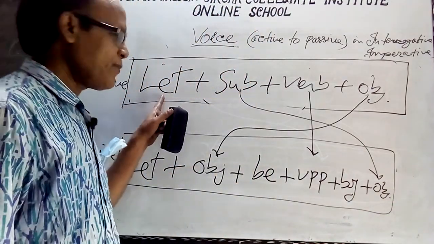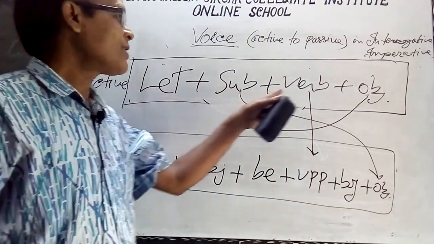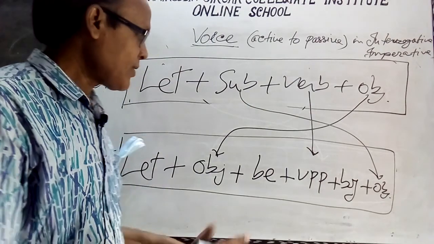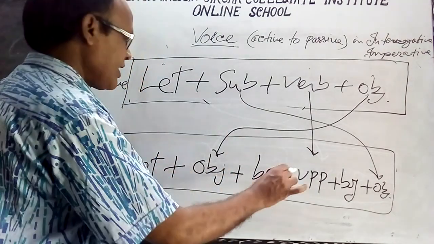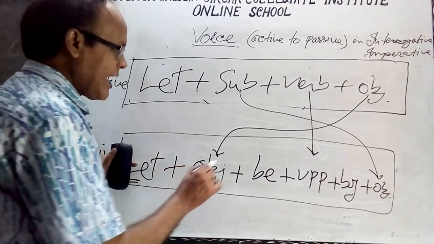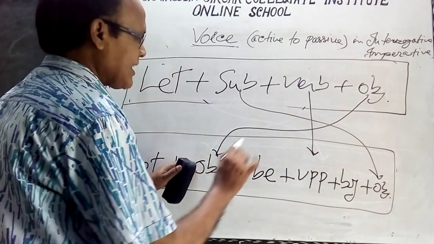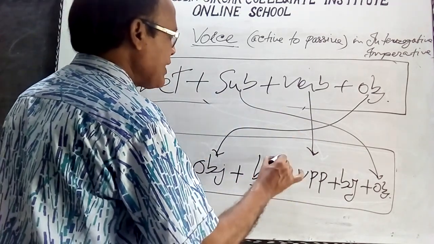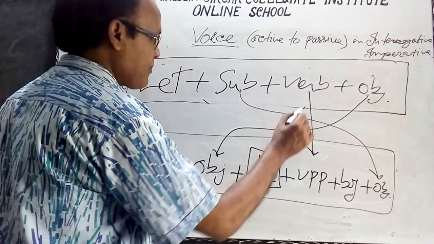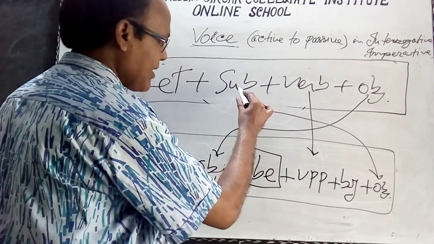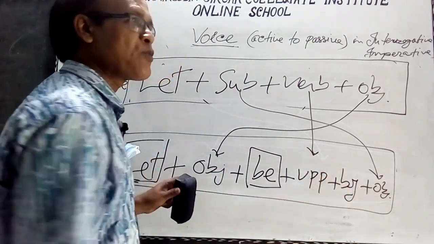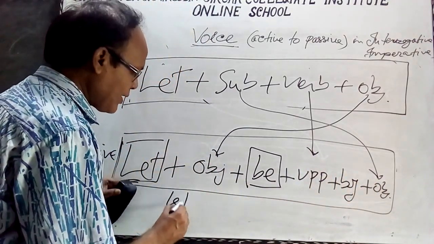I repeat, if the sentence begins with let and the verb is in the present form, this is the active voice, and we must use this structure in the passive voice. We begin with let, then the object as the subject, then be, and the verb in the past participle form, and the subject will be the object, and before the object we must put by. Let's see an example.